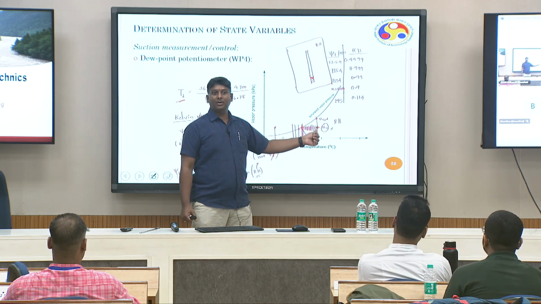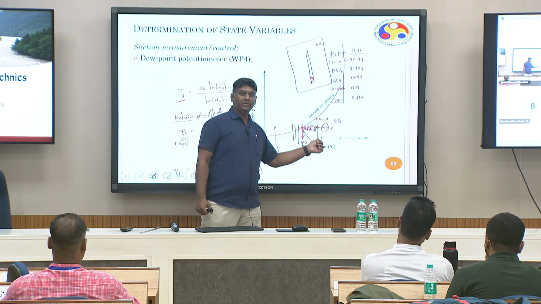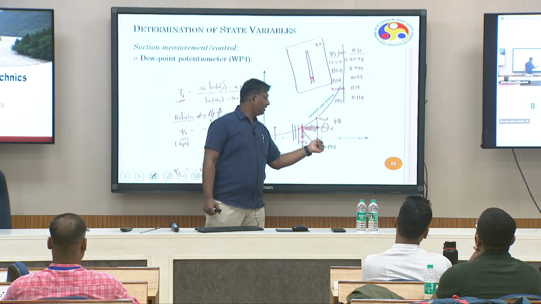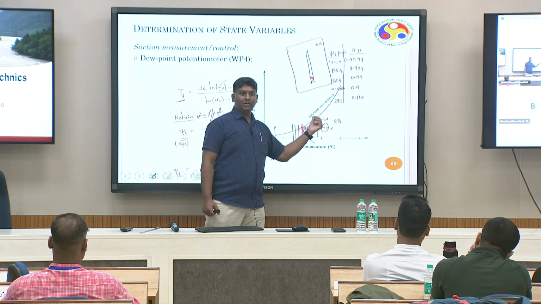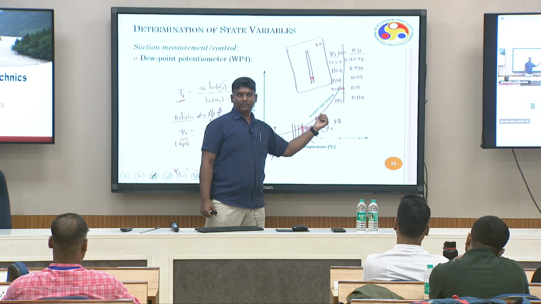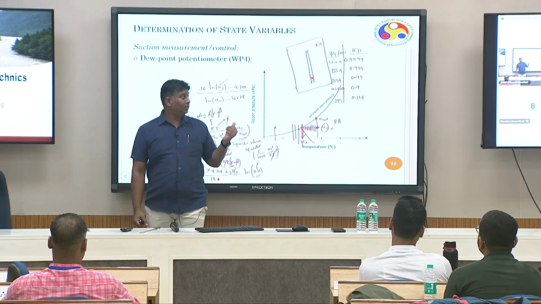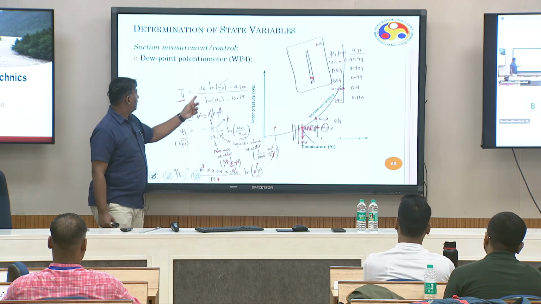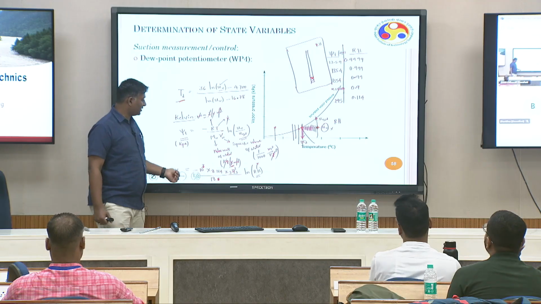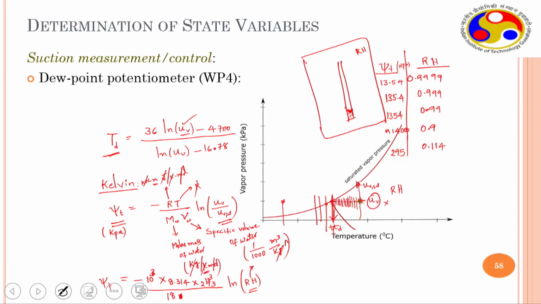If UV is known, you can understand the RH, because at a given temperature the corresponding UV sat is known. UV by UV sat itself is RH. If RH is known and temperature is known, using Kelvin's equation you can evaluate suction, right? So this is the method it uses, but I don't have slides.